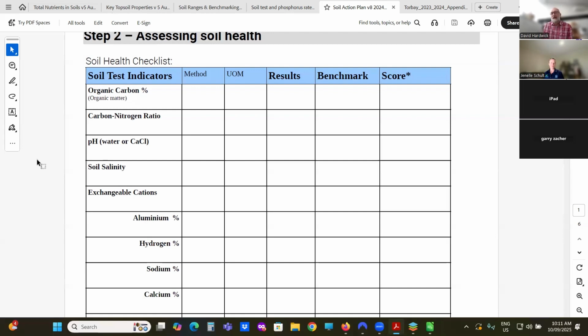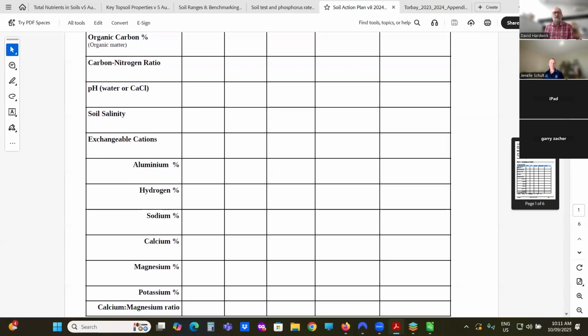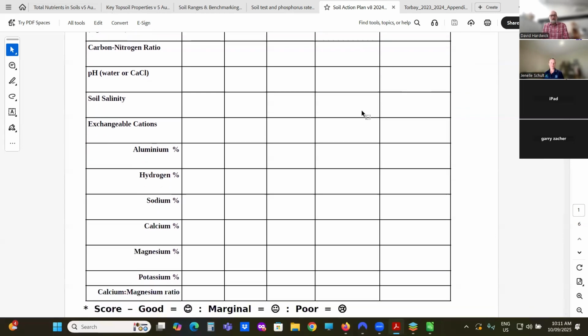And then we looked at pH, we looked at salinity briefly, and we looked at some of these things which are called exchangeable cations, which are these positively charged nutrients, and there's 6 main ones we worry about: calcium, magnesium, potassium, sodium, hydrogen and aluminium. We looked at what proportion are they on that colloid, that charge zone in the soil, which we measured with the CEC.